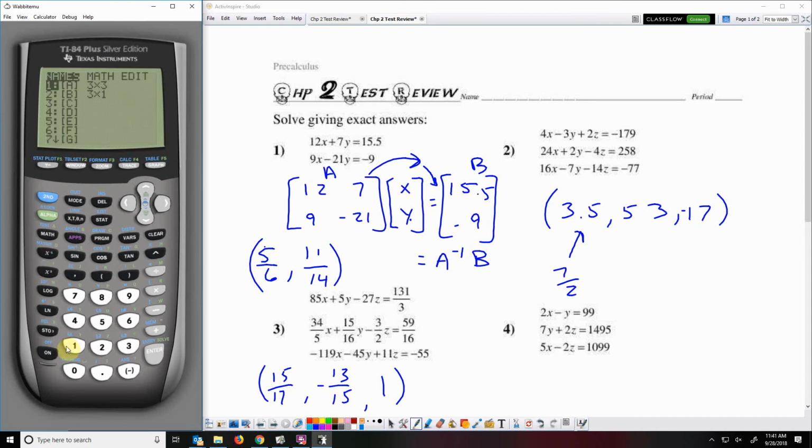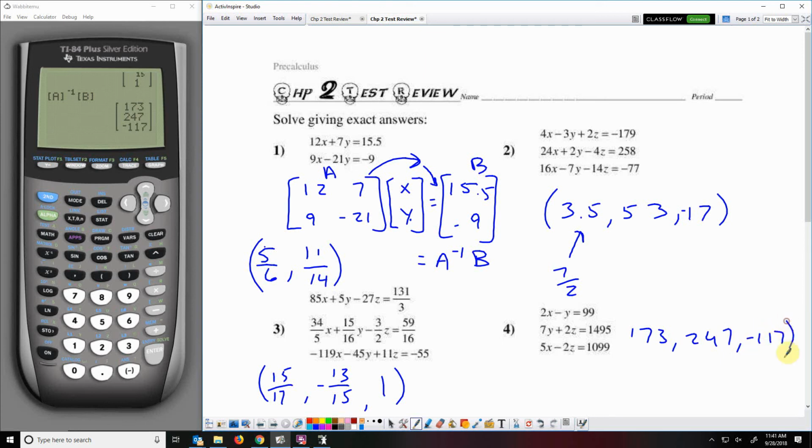Second matrix 1 inverse. Hit that wrong button again. Second matrix 2. Okay, so we get an x value of 173. Y value of 247. Z value negative 117.